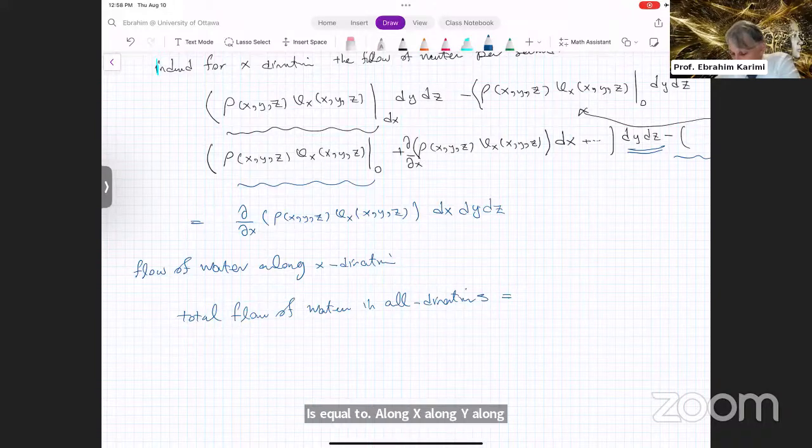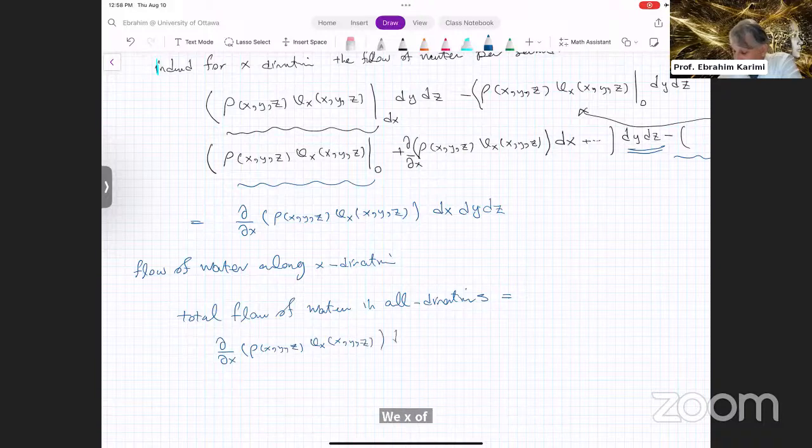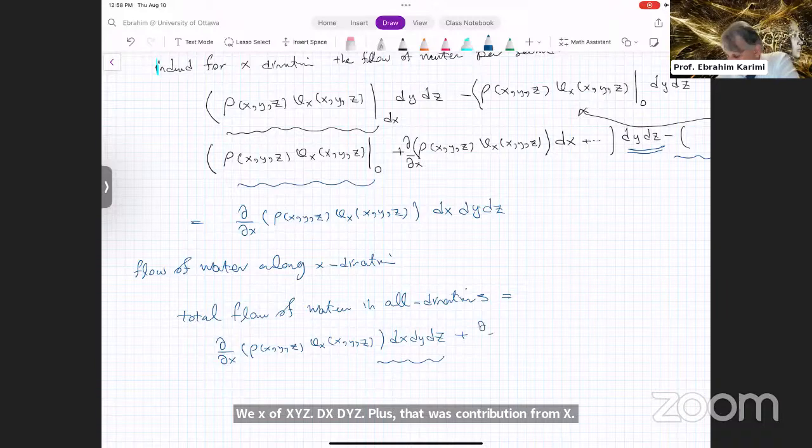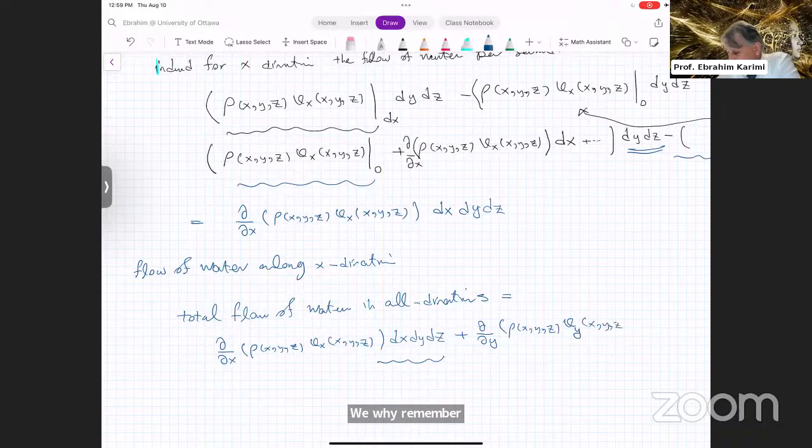If you do it in the same way, you will get the derivative with respect to x of rho Vx of x, y, z, dx, dy, dz, plus that was the contribution from x. The contribution from y will be the derivative with respect to y, in the same way, of rho of x, y, z, Vy of x, y, z.